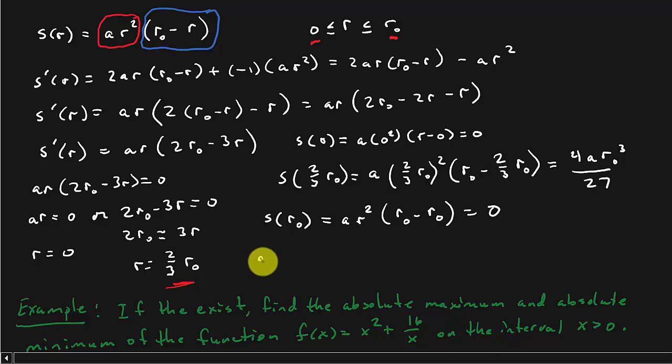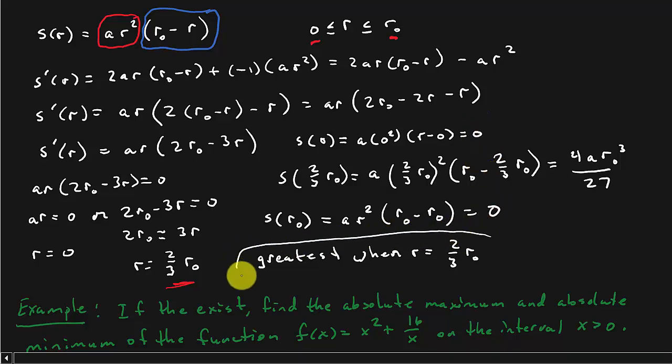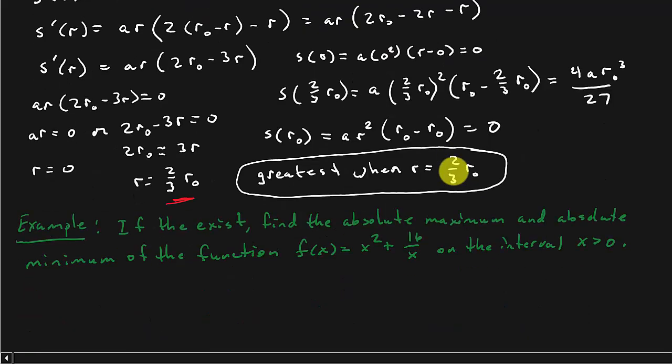So it's greatest when r is equal to 2/3 r0. This is going to be your largest value. See, both of those are 0. And so there's your answer. All right. That wasn't too bad.